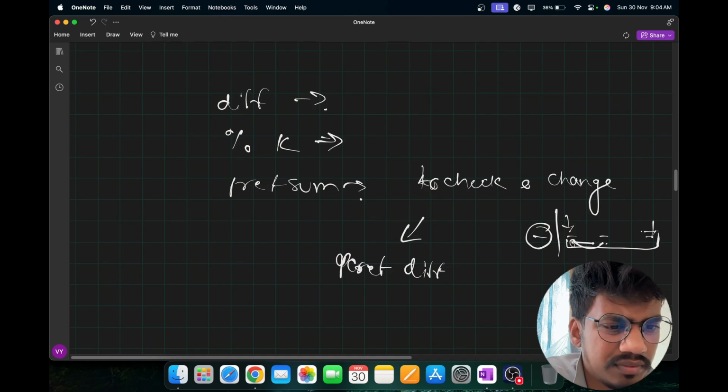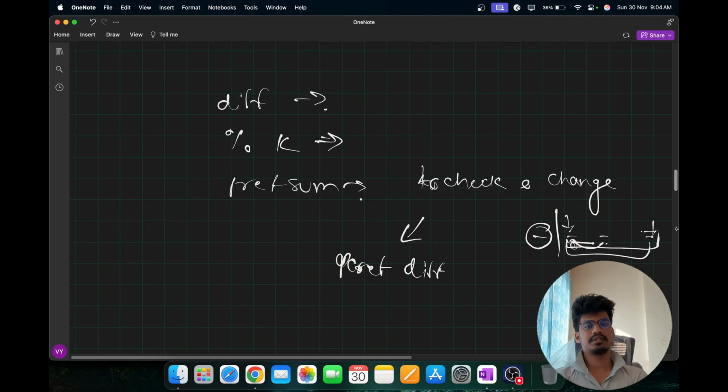Okay, but this needs to be sorted, right? But this needs to be sorted. This is again a hard part.